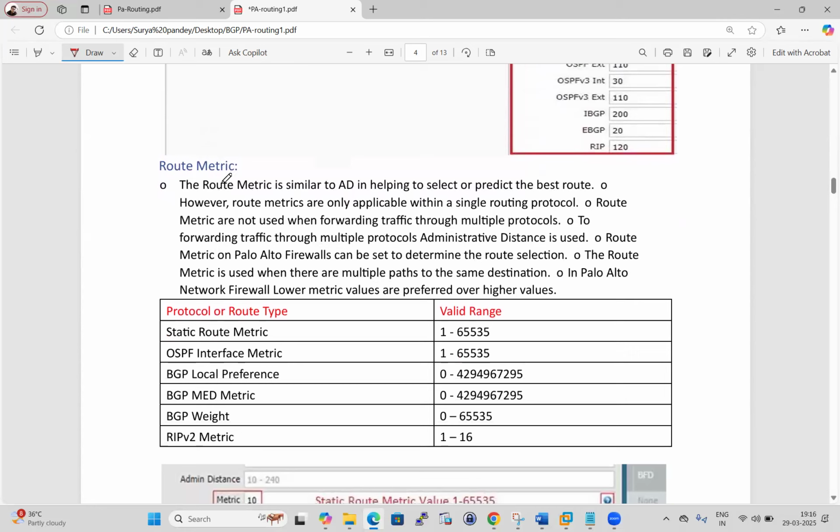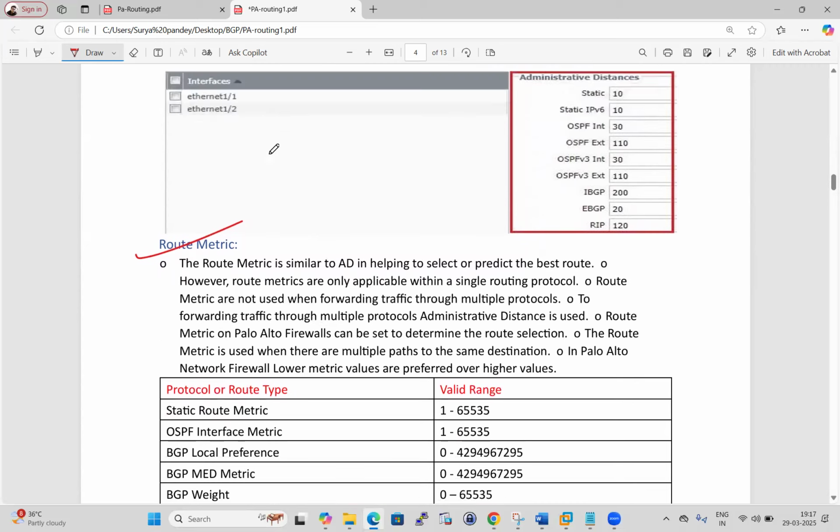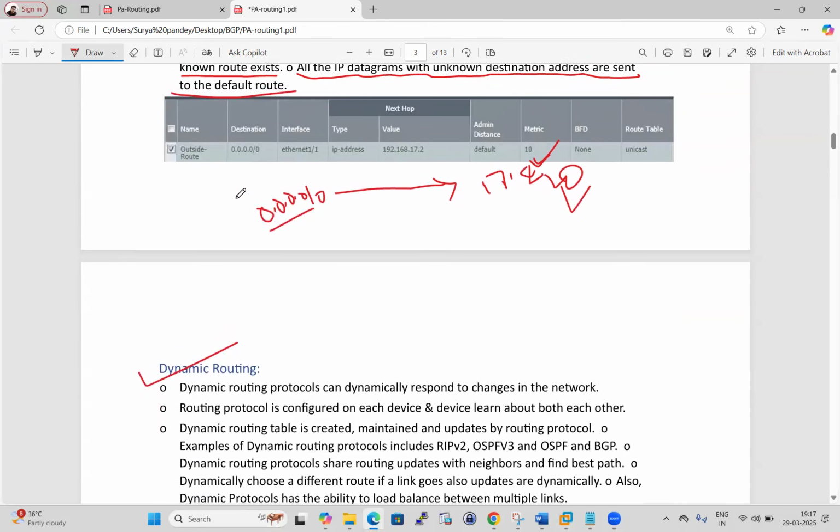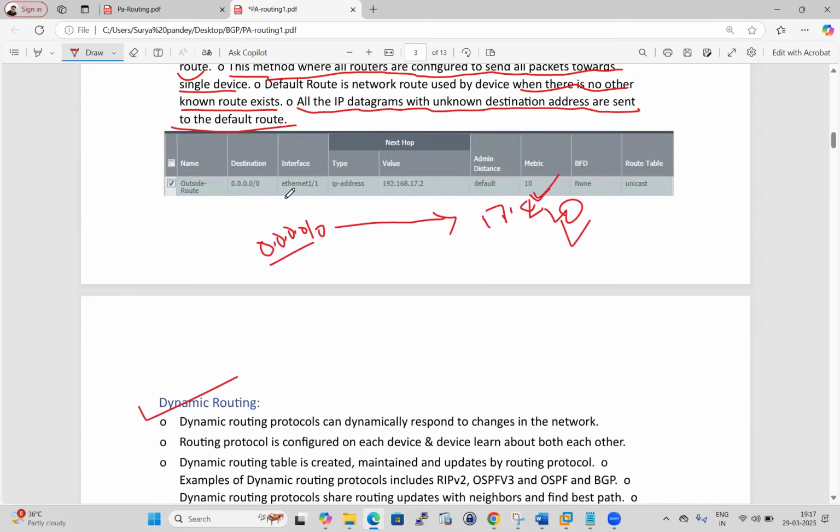And the route metric is also very, very important. The route metric comes into the picture where, for example, you are pointing some destinations using a default route or other static routes, for different destinations, and you are using the same next hop.